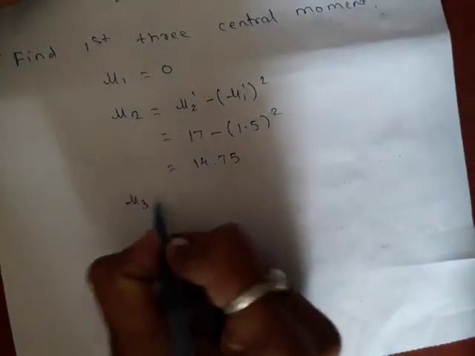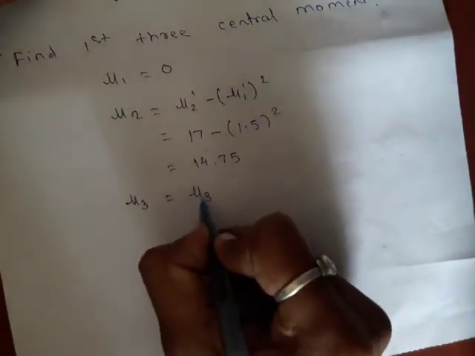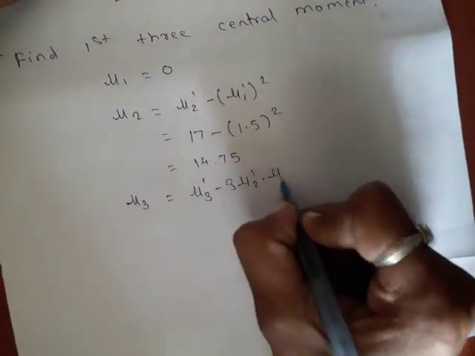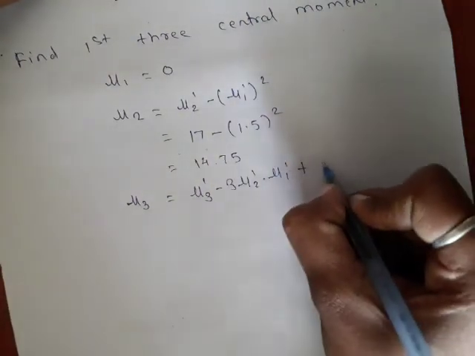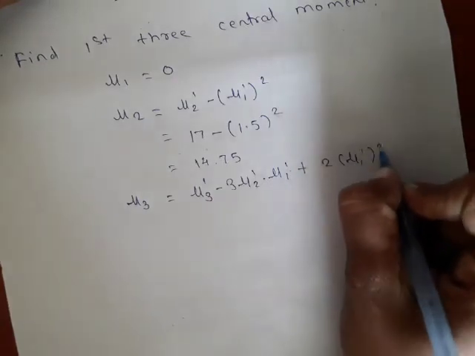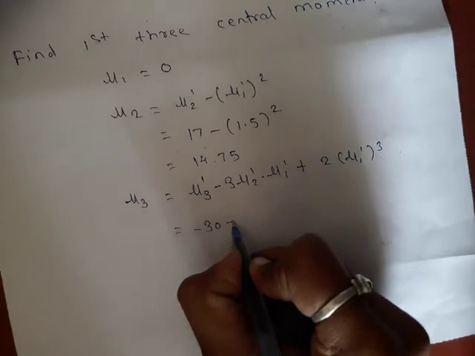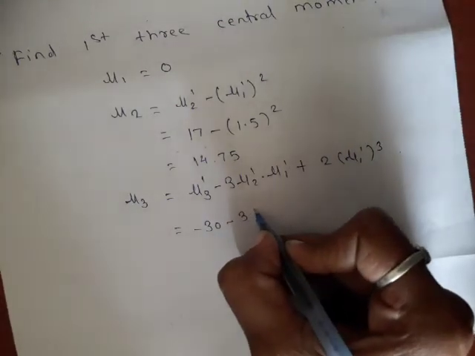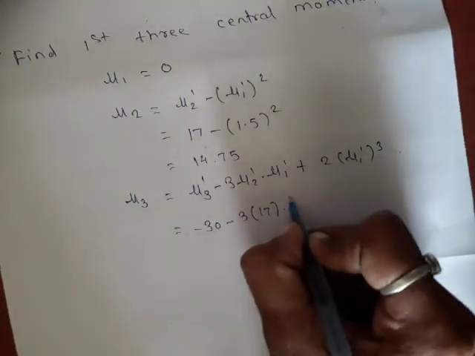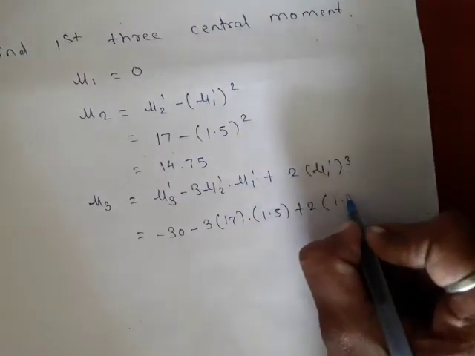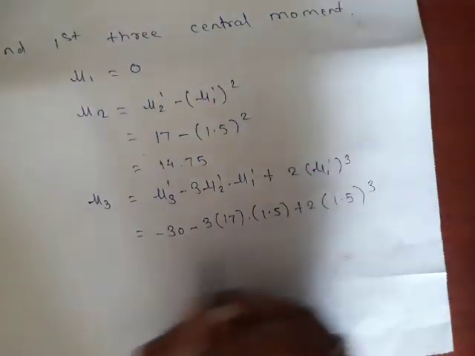Next mu3, which is equal to mu3 dash minus 3 mu2 dash into mu1 dash plus 2 mu1 dash cube, which is equal to minus 30 minus 3 into 17 into 1.5 plus 2 into 1.5 cube.